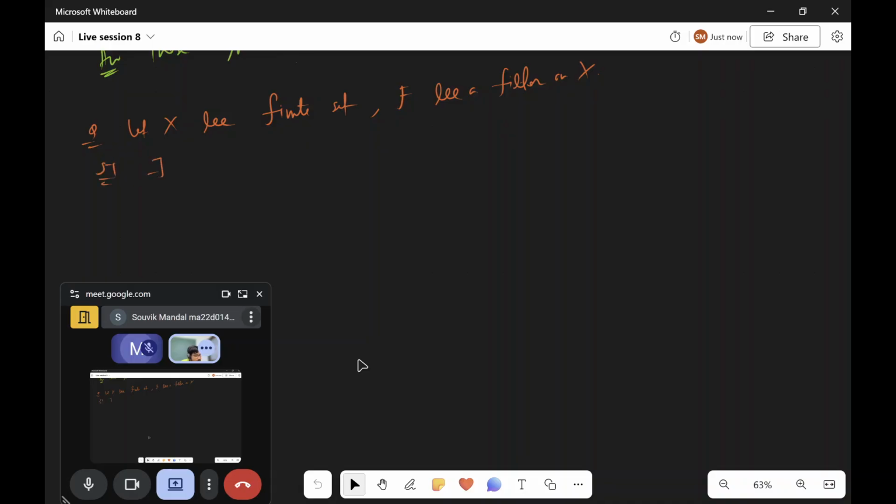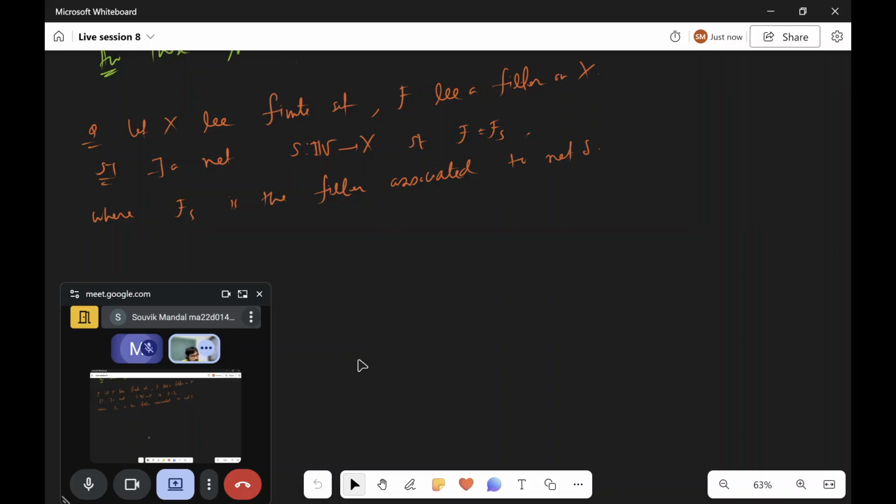Show that there exists a net S from N to X such that F is equal to F_S, where F_S is the filter associated to the net S.